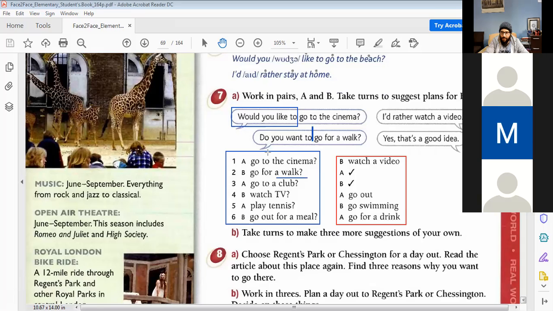Would you like to go for a walk? Yes, that's a good idea. Okay. Do you want to watch TV? I would rather go out.